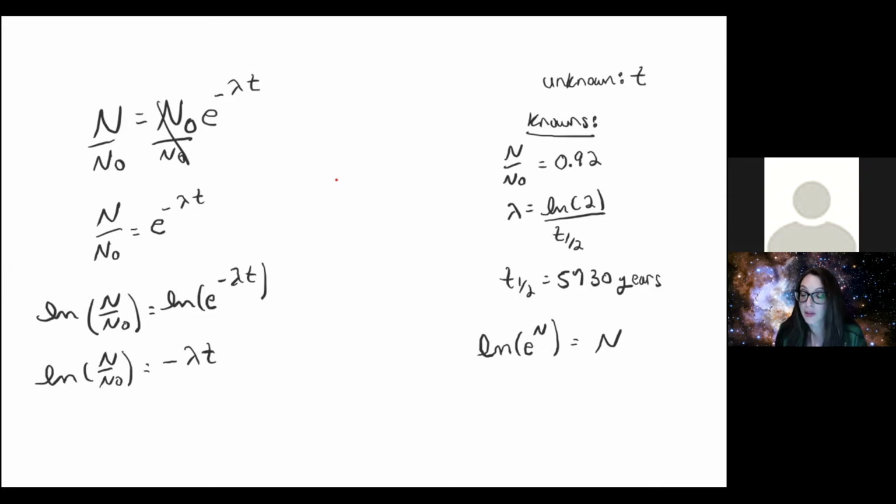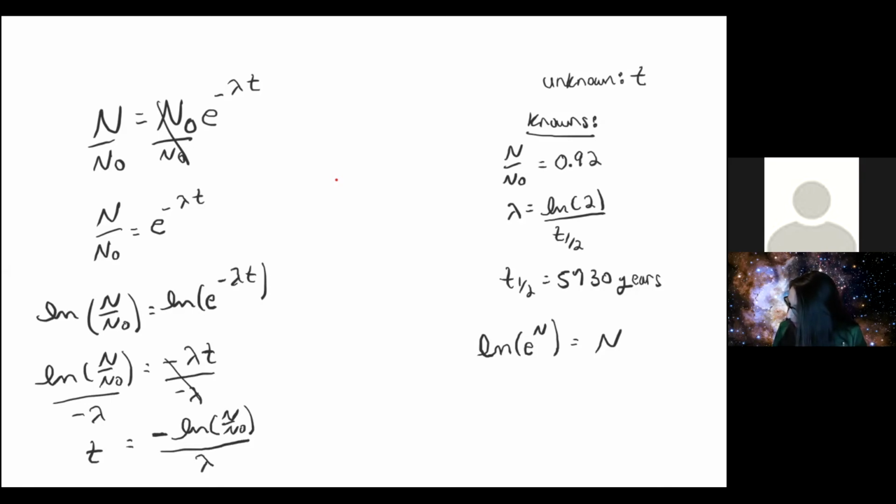Then I divide both sides by minus lambda. So then the time that I'm looking for, t, which will tell me the age of my shroud, is equal to minus the natural log of N over N naught divided by our decay constant lambda.